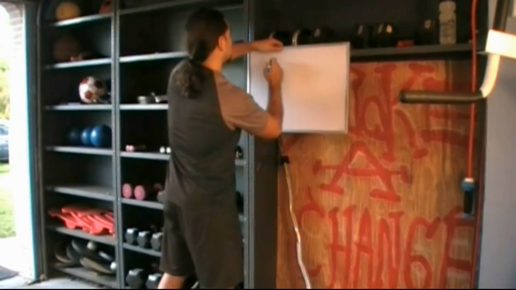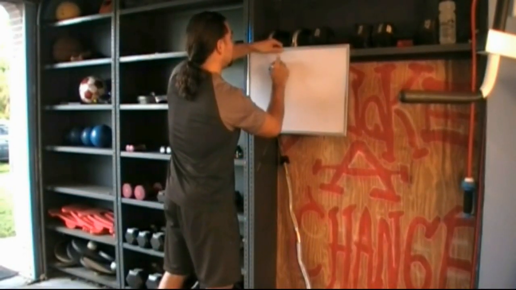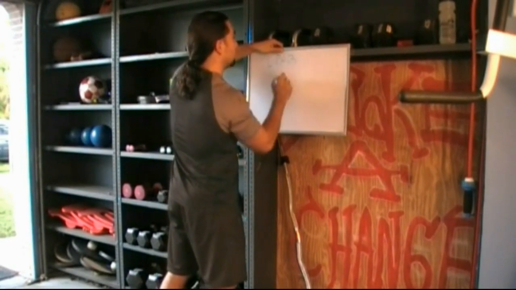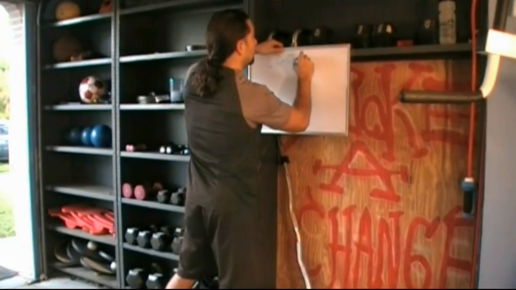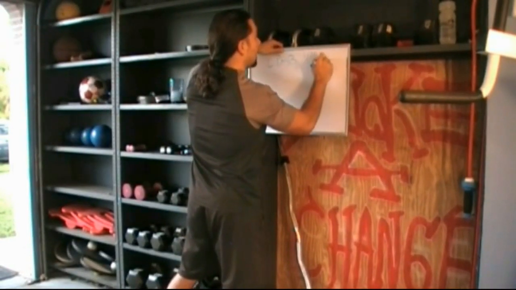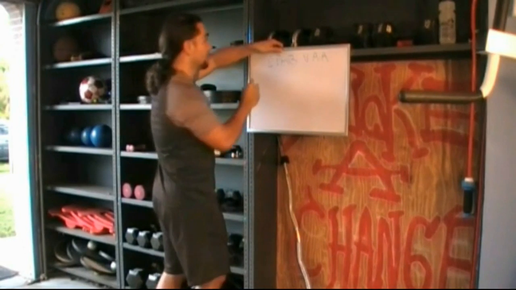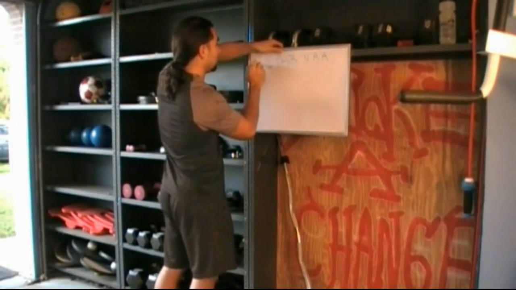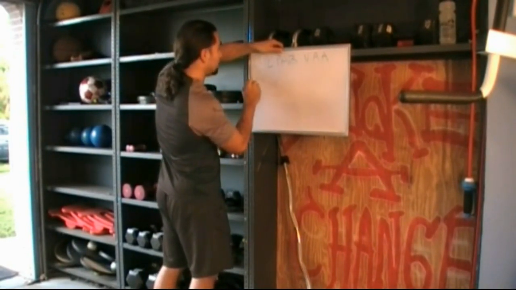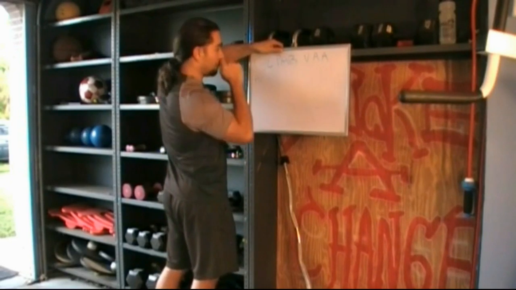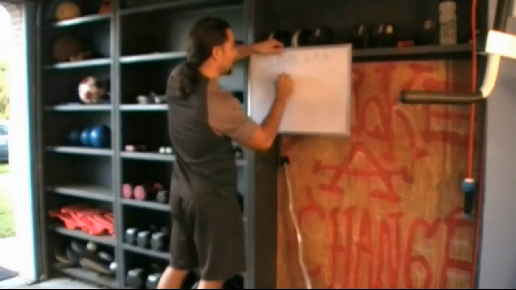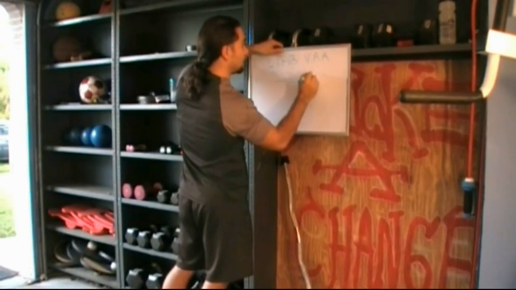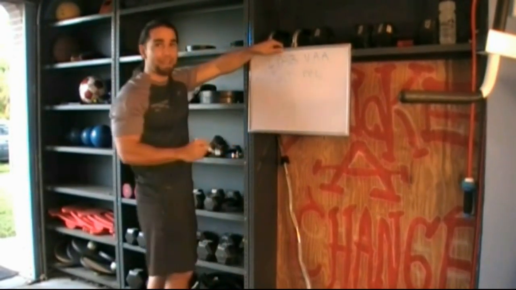L, P, A, P. And then we go to V, A, A, like the VA. That is for the left side of the heart. For the right side, we have SAT, V, P, P, L. Okay?